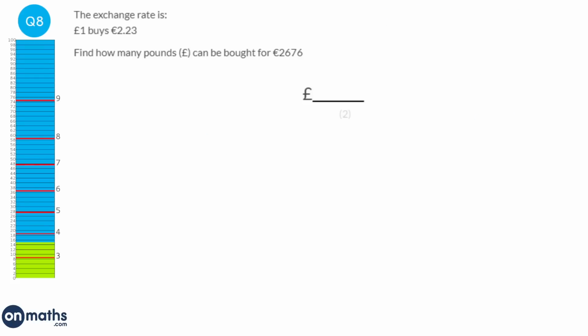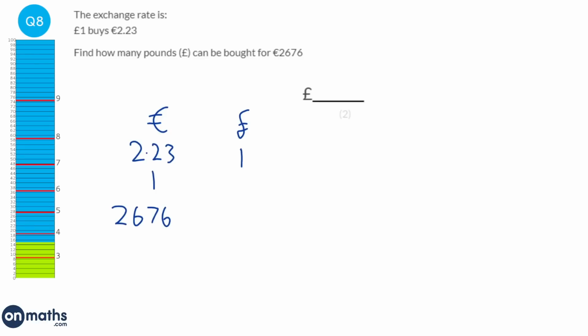In this question we've got euros and we've got pounds, and we're told that £1 is 2.23 euros. And we're trying to understand what 2,676 euros is in pounds, and we're going to do that by finding out what €1 is and then finding out how much 2,676 are.